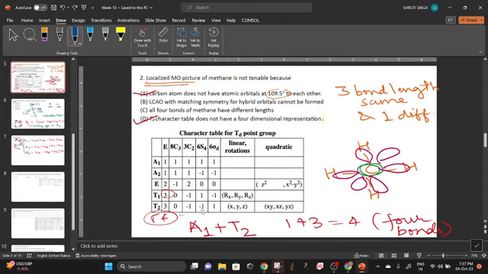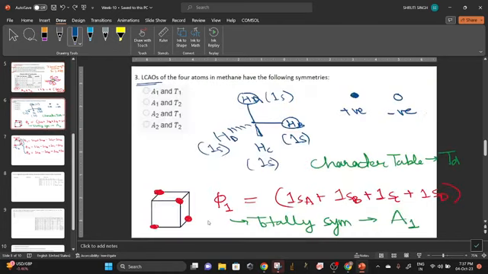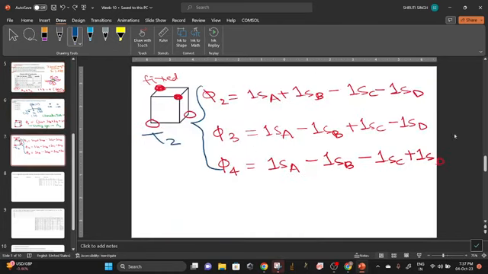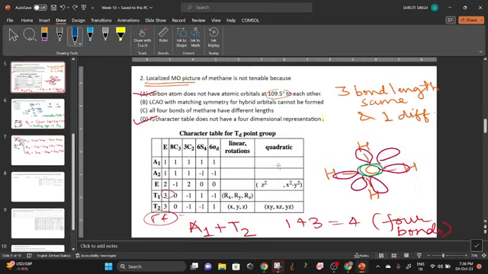So that's why T2 comes. Actually, it's a bit difficult how it is. It could have been T1 also.